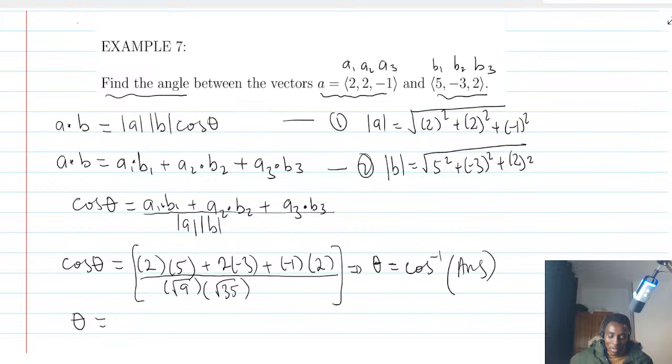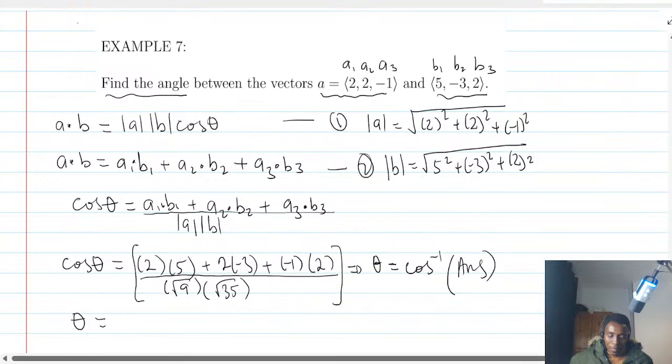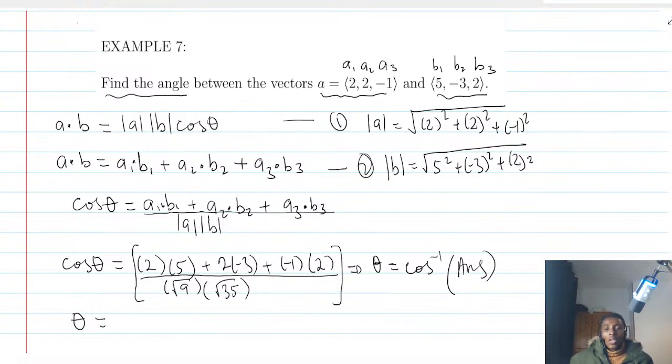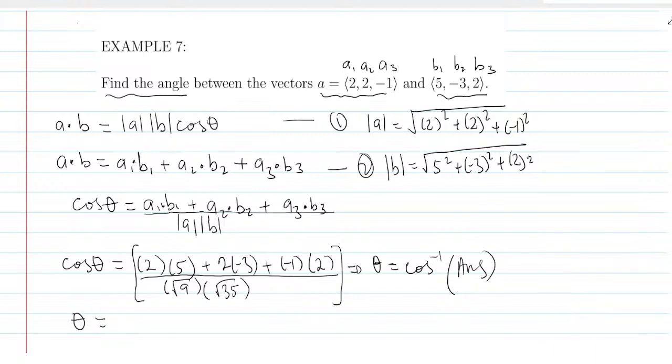So please, what is the answer? So what is the answer, please? Okay, so what is theta?